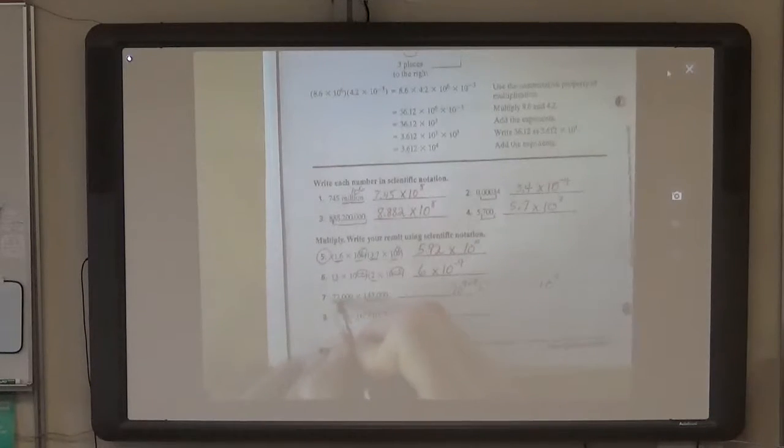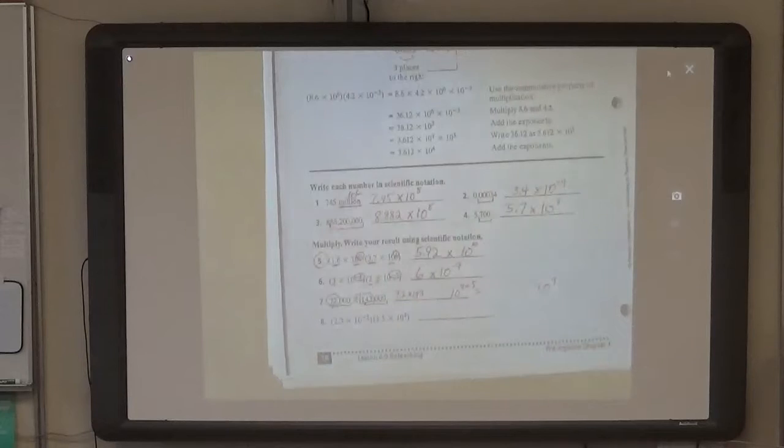Now, if we write this as 7.2 times 1.43, we can also get the digits just by putting in 7.2 times 1.43 into your calculator. What's 7.2 times 1.43 in your calculator?